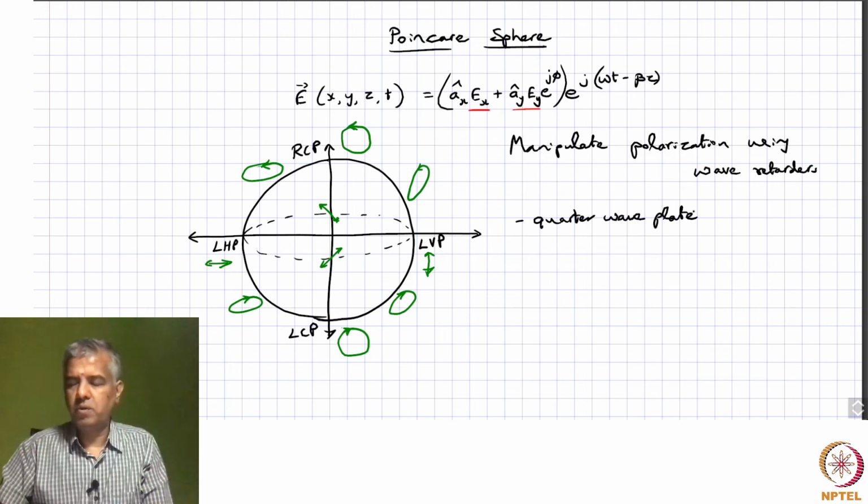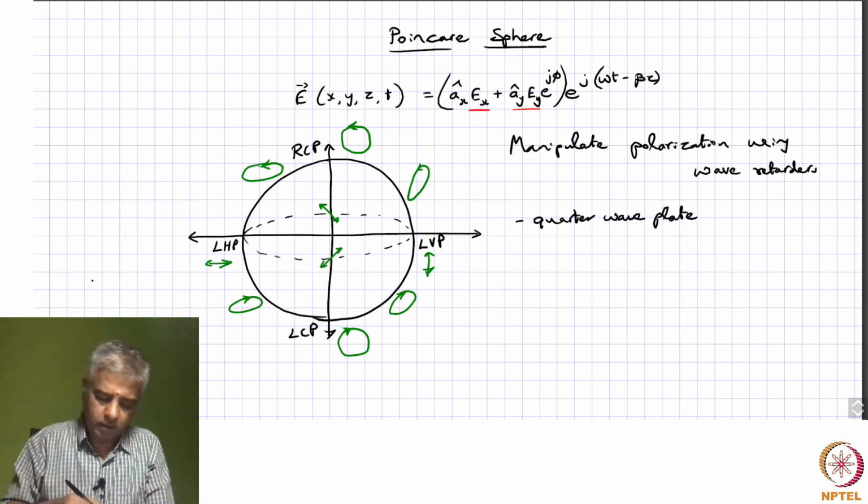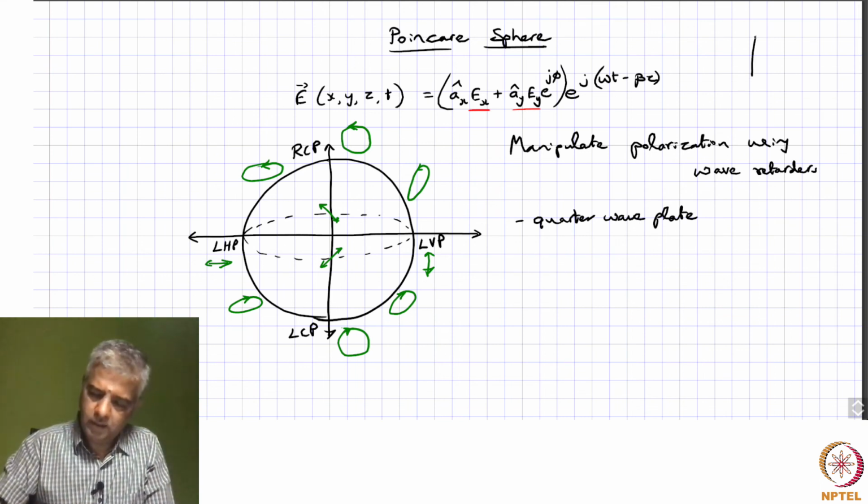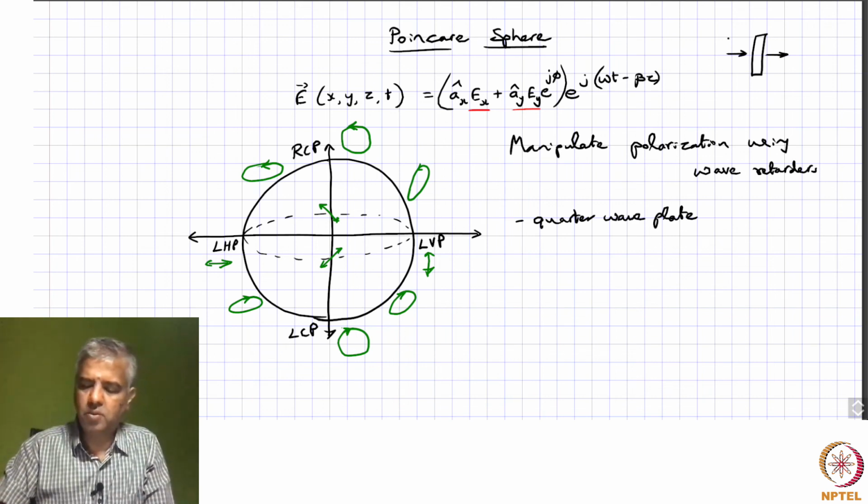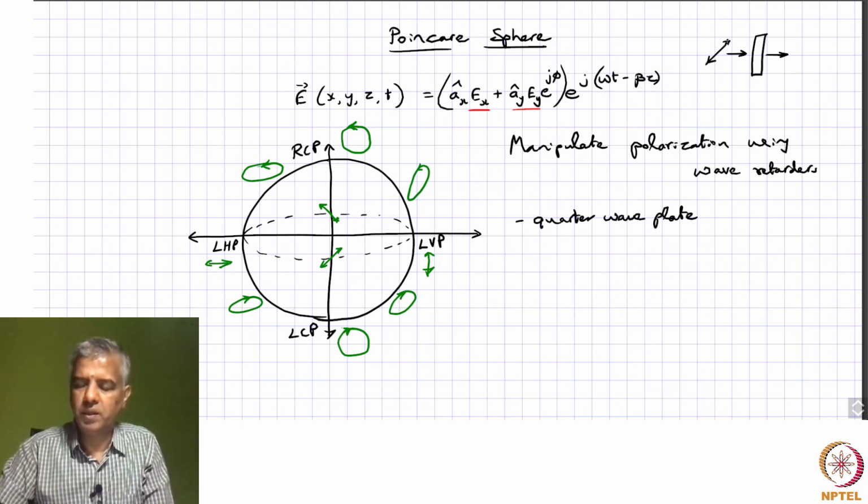So what does a quarter wave plate do? It retards. When you go through that material, it retards whatever incoming polarization, the x and y component of the incoming polarization is retarded by, as the name suggests, lambda by 4.